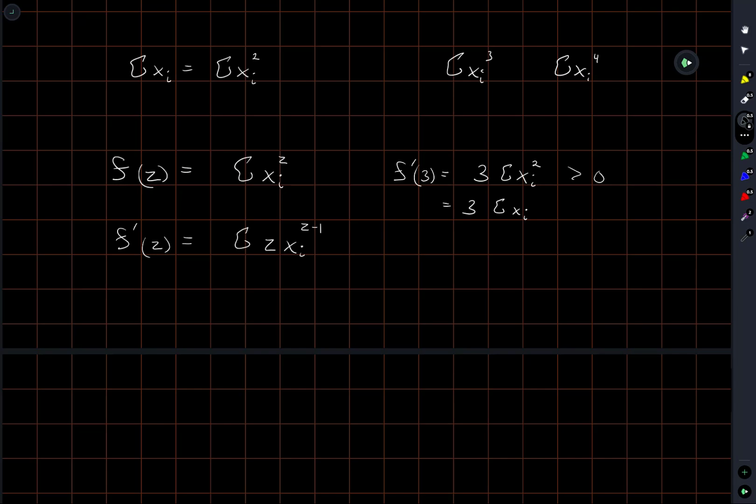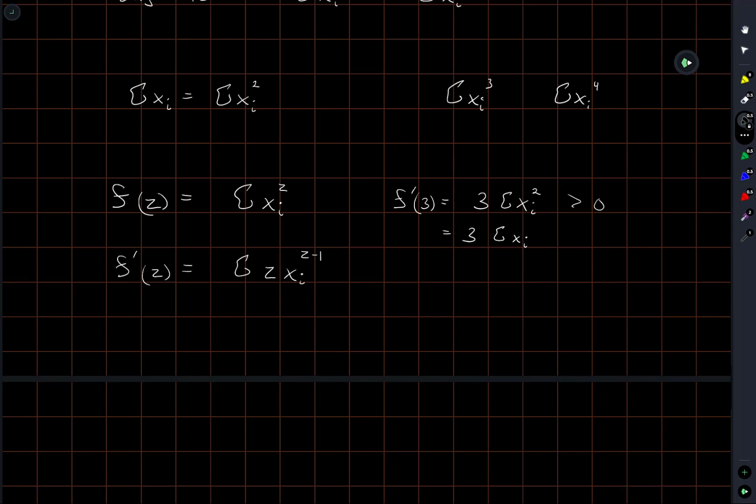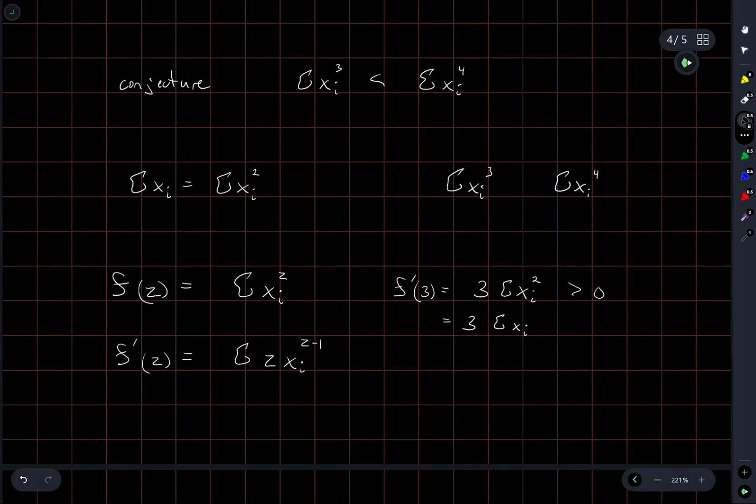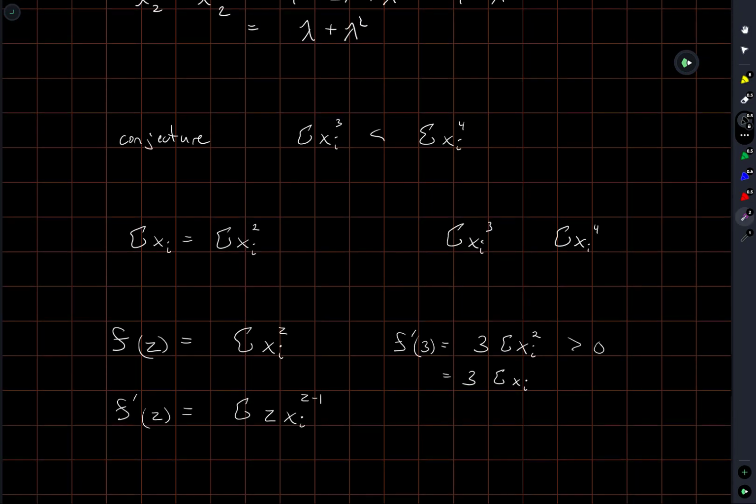Well, hold on a minute. Do all the numbers have to be positive? The sum certainly has to be positive, so at least one of the xi's has to be positive. But do they all have to be positive for this property to hold?